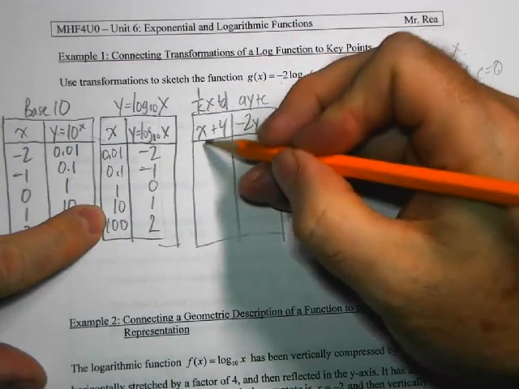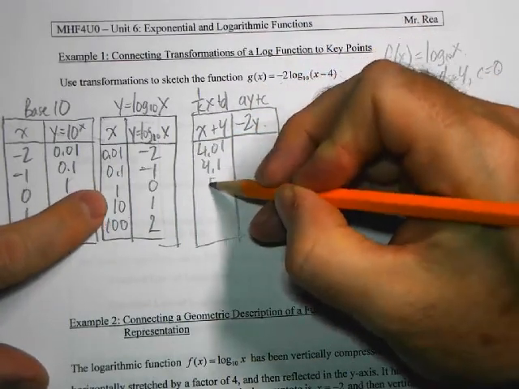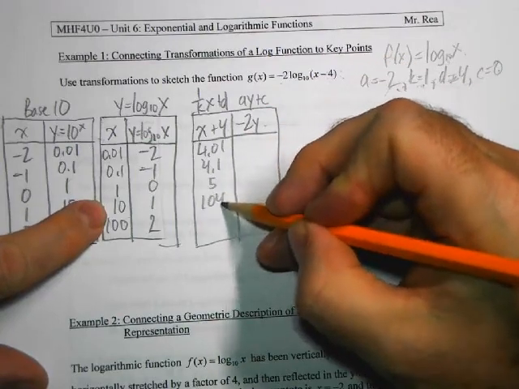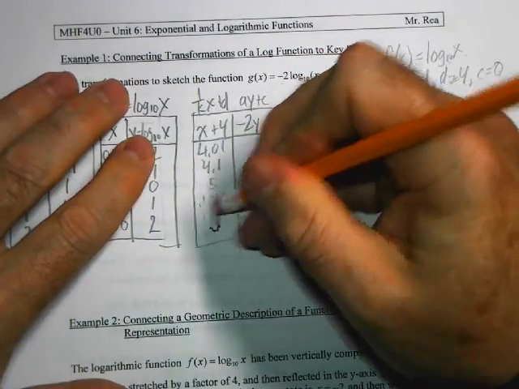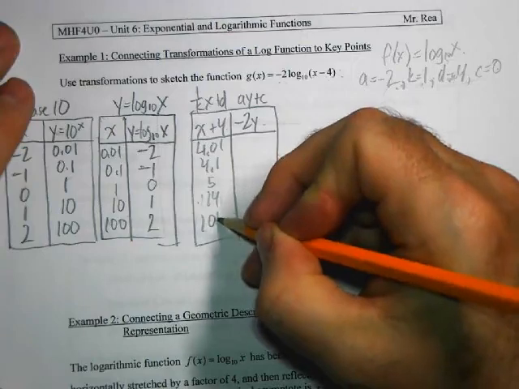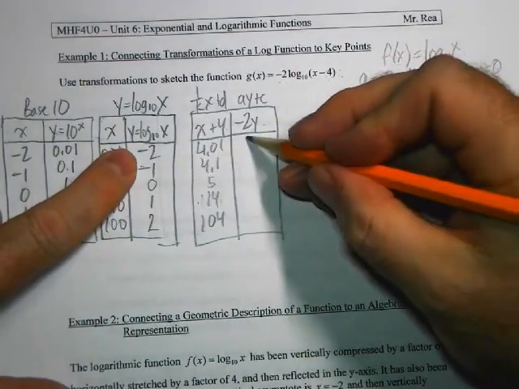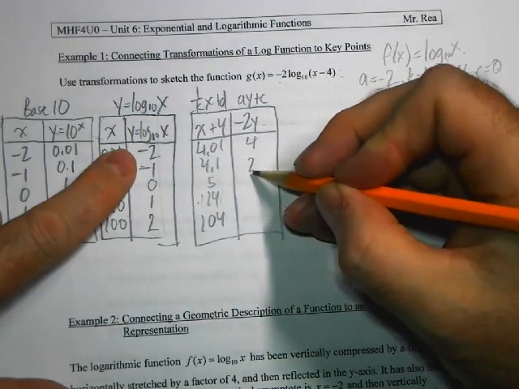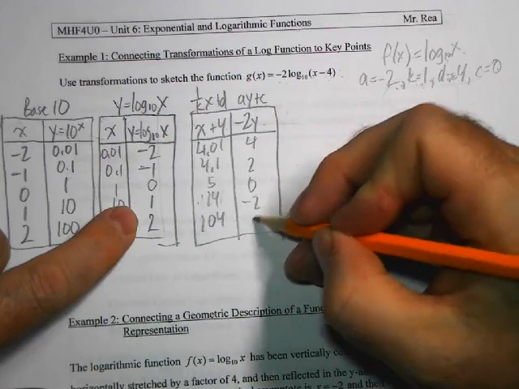Okay, so that would be 4.01, 4.1, 5, 14, and then 104. Okay, and if I multiply each of these by negative 2, I get 4, 2, 0, negative 2, negative 4.